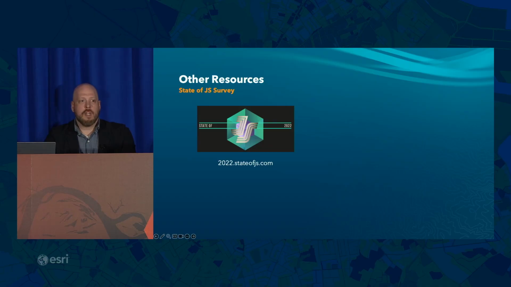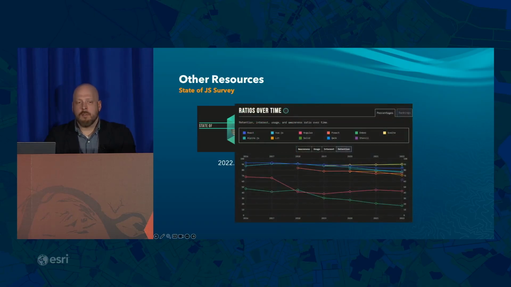It's helpful to take a look at that and see what type of web development trends are out there. It's very helpful for figuring out the newest and latest. As you can see, this is a chart of some of the frameworks and their usage over time. I think this one is retention, so how often and how much a framework is used.